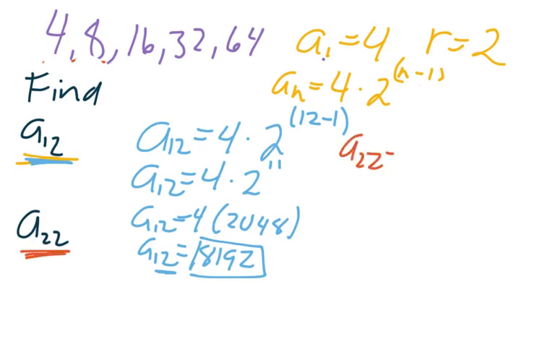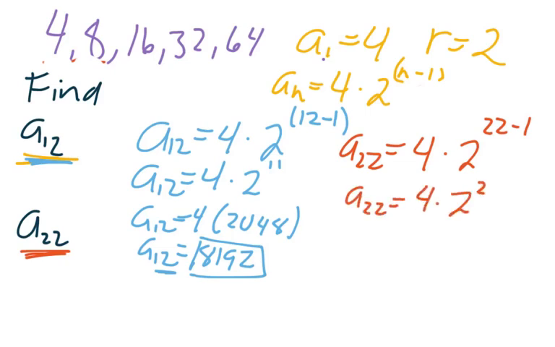If we want to find a of 22, same idea. A of 22 equals 4 times 2 to the 22 minus 1. A of 22 equals 4 times 2 to the 21st. And 2 to the 21st is 2,097,152.